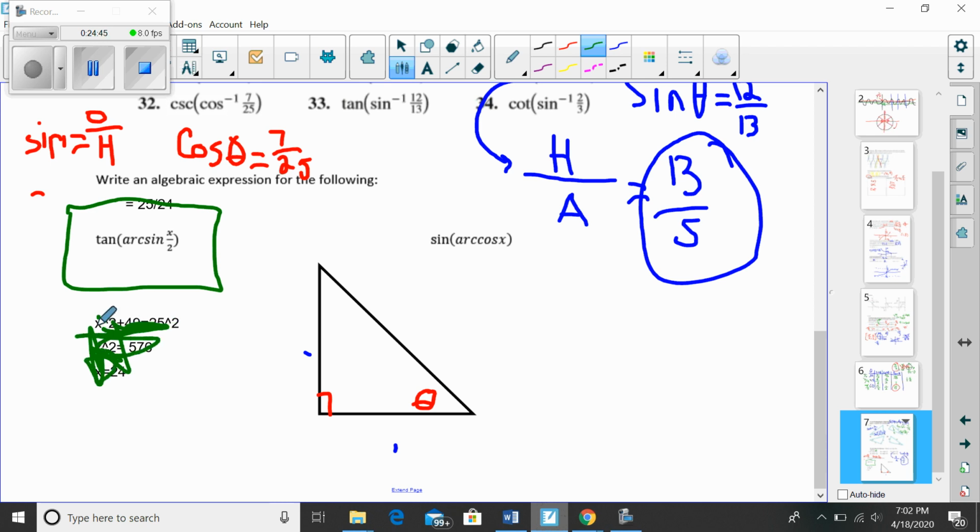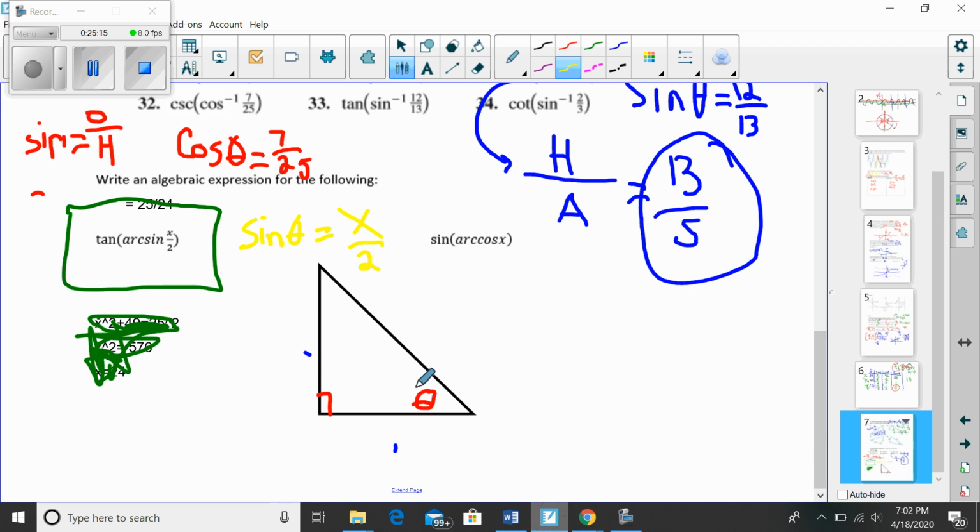I want to find the tangent of the arc sine of x over 2. Instead of actual numbers, I have a variable, which really doesn't change anything in the problem. According to this problem, sine of my angle theta equals x over 2.